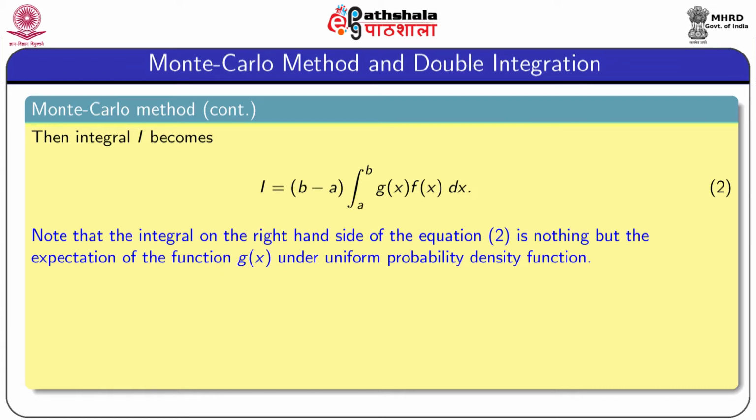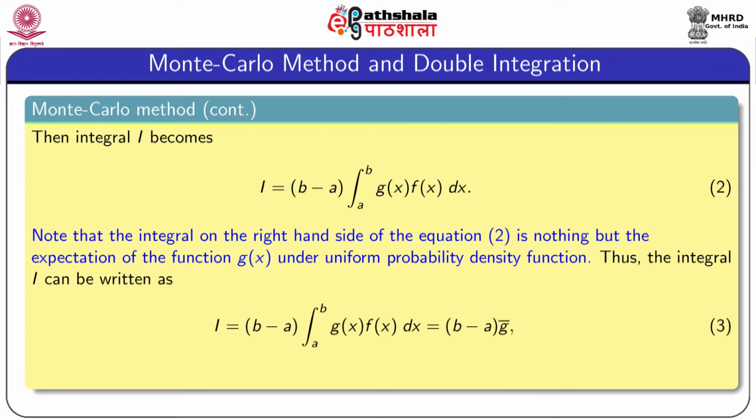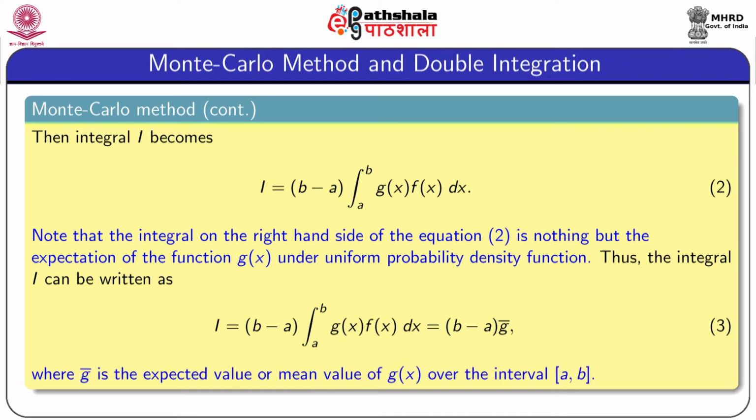Expectation means the mean value of the function. Thus, the integral I can also be written as I equal to (b minus a) times the integral from a to b of g(x) f(x) dx, equal to (b minus a) times g bar. G bar represents the expectation or mean value of g(x) over the interval [a, b] for the rectangular probability density function f(x).